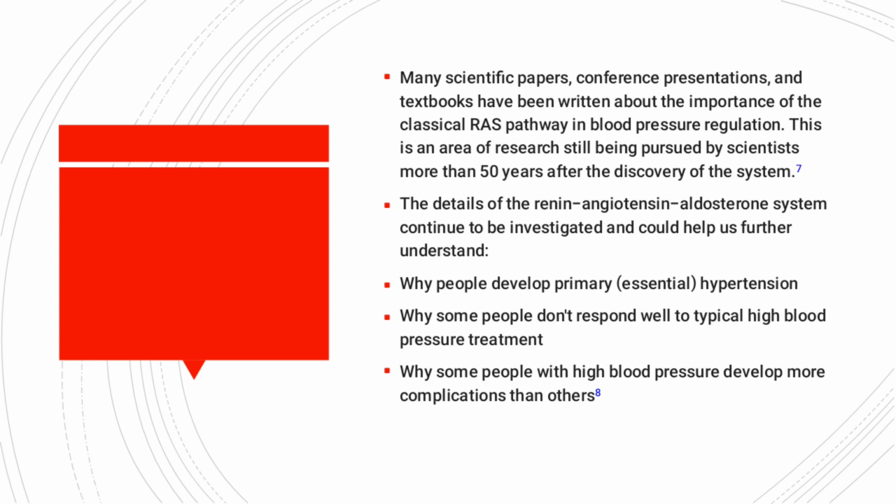The details of the renin, angiotensin, aldosterone system continue to be investigated and could help us further understand why people develop primary hypertension, why some people don't respond well to typical high blood pressure treatment, and why some people with high blood pressure develop more complications than others.